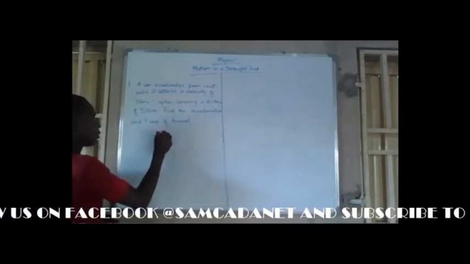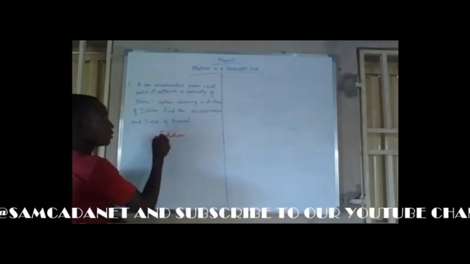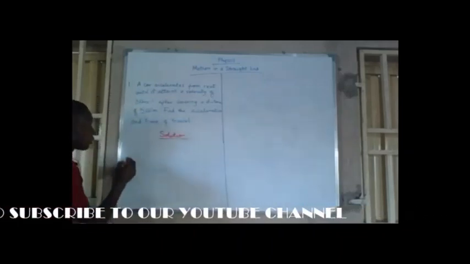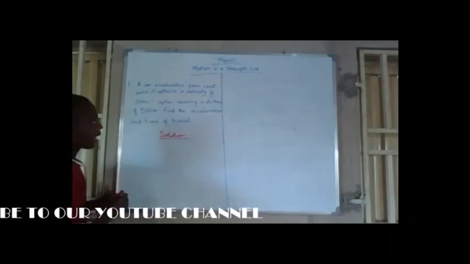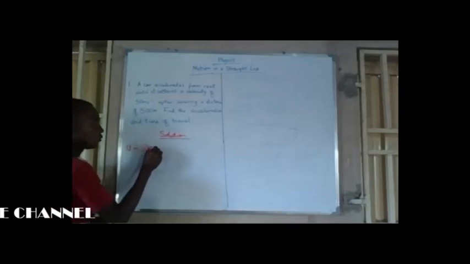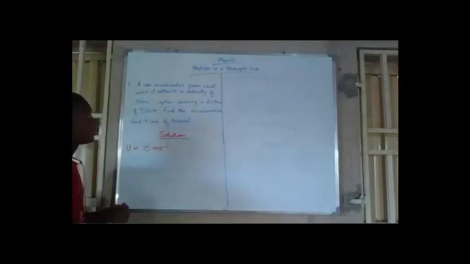So in our solution, the first thing we need to do is to bring out the data. The car accelerates from rest, so the initial velocity is 0 meters per second.